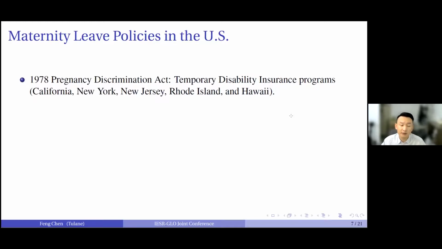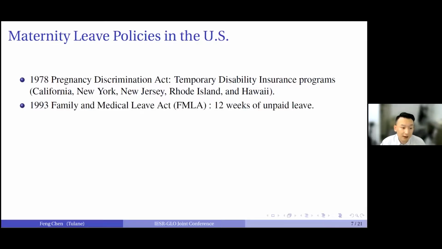This paid leave varies from 4 to 6 weeks, and for California, it's 6 weeks. In 1993, there was the Family and Medical Leave Act, which provides 12 weeks of unpaid leave. But not everyone is eligible for this leave. It is for mothers employed in a company with 50 employees or more.